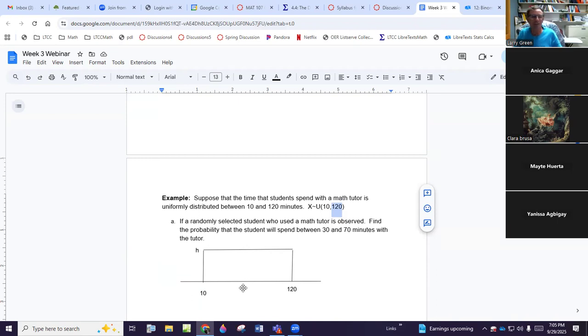So who remembers the area formula for a rectangle? How do you find the area of a rectangle given the dimensions? Maybe you could type in the chat box. Somebody's got to know. Something you learned probably in 6th grade.